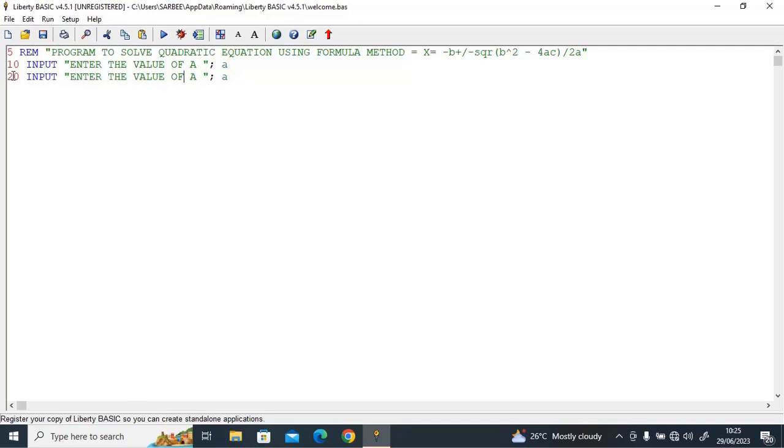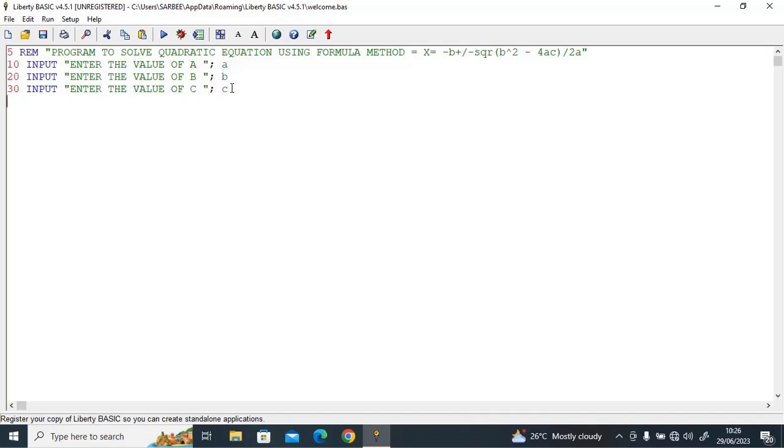Enter the value of b, small b, then 30, Ctrl V, enter the value of c. Capture it as c.